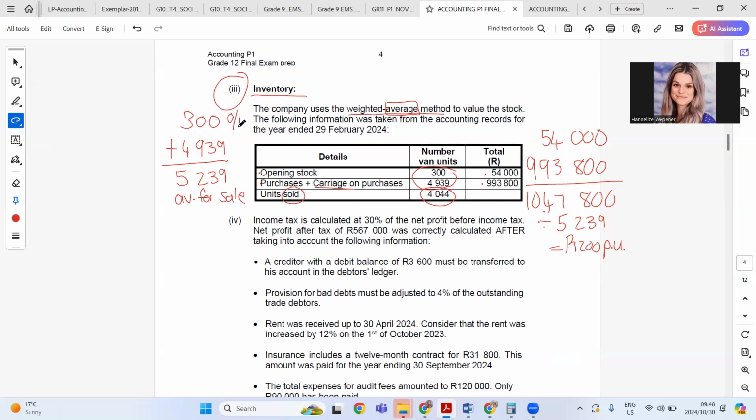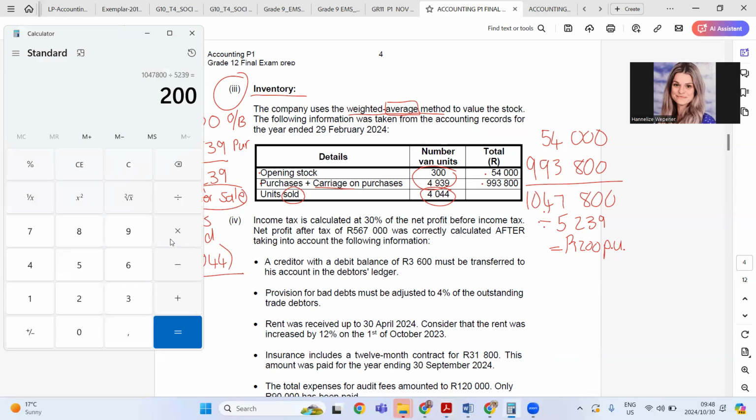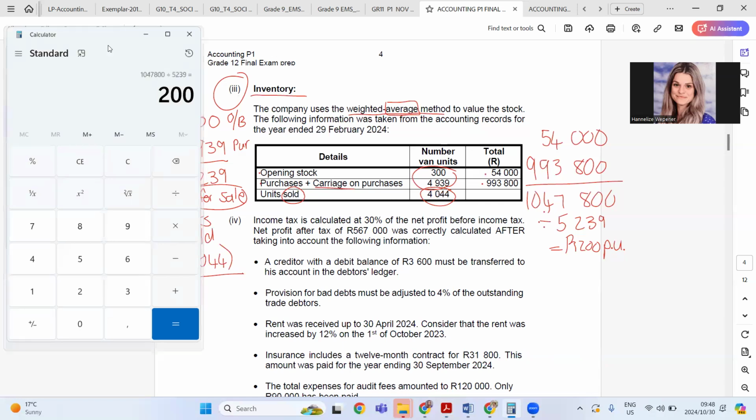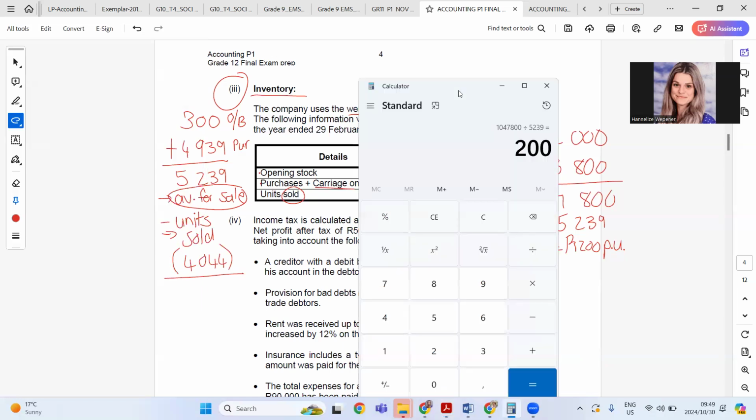That is opening balance plus purchases to get to available for sale, then minus units sold. Whatever is left is the number of units I have in stock at year end.